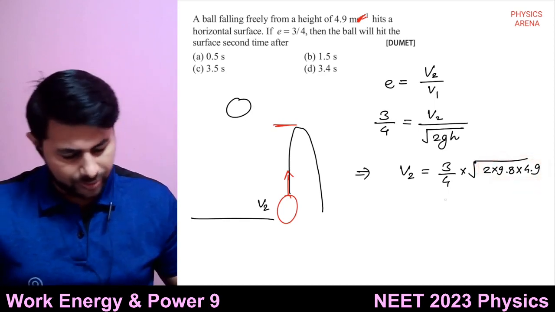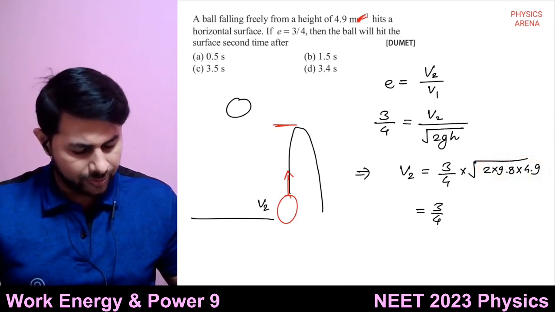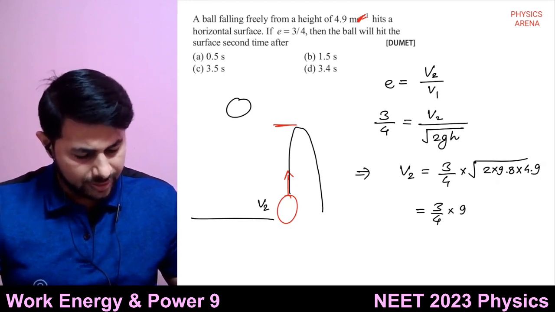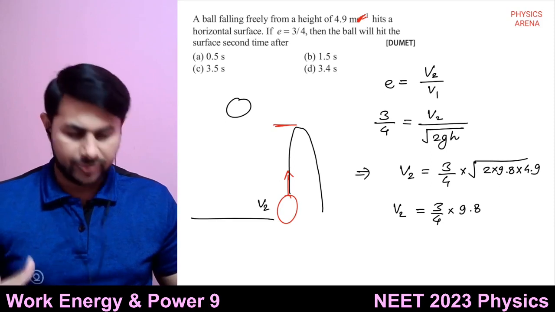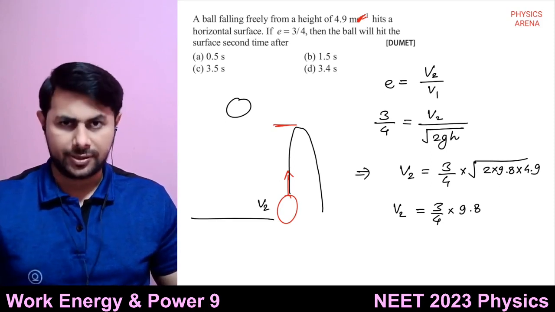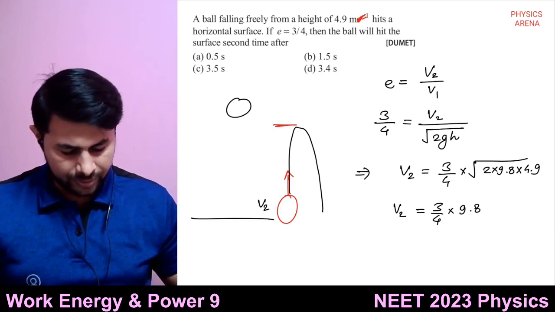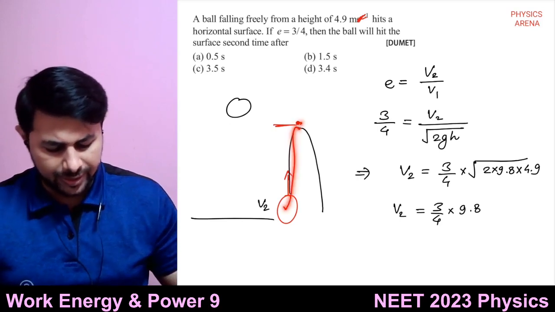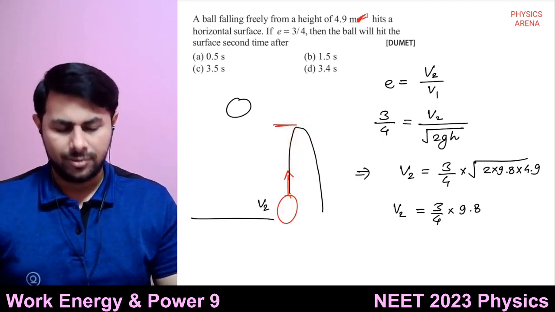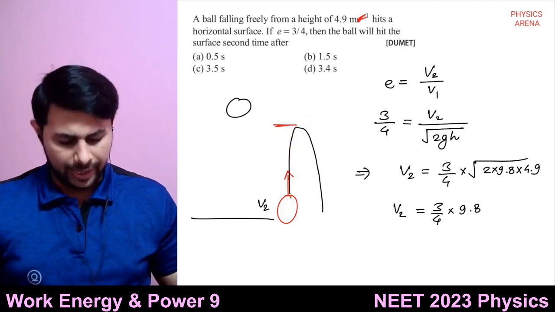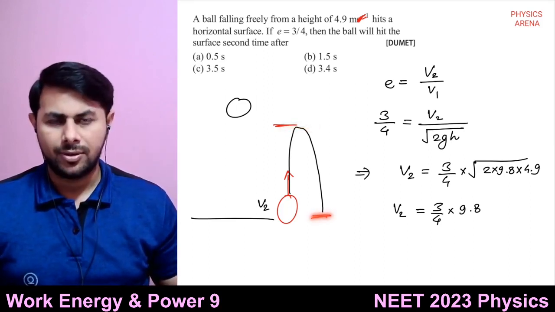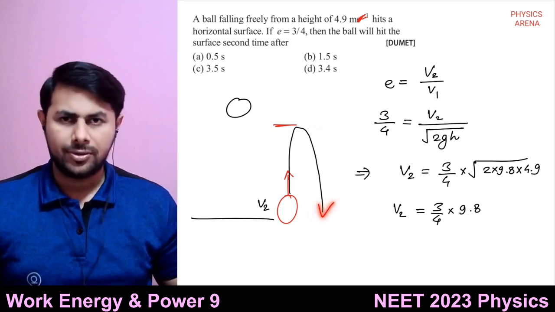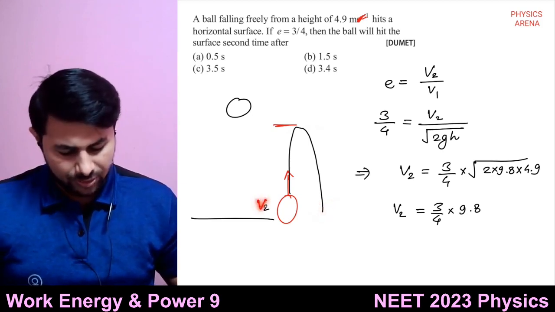So 3 by 4 times 9.8 is v2. This is the velocity with which it bounces back. Again it will reach some height and stop, and again it will come back and fall on the ground with the same velocity as v2.